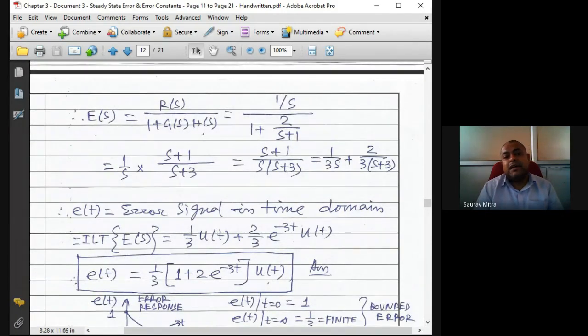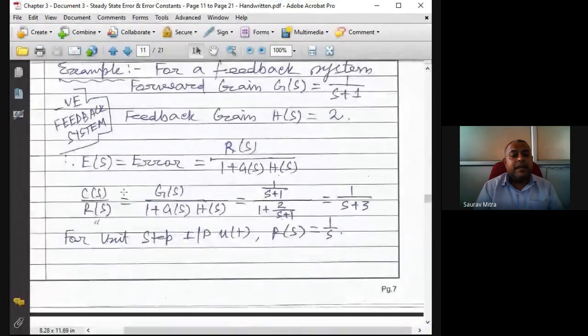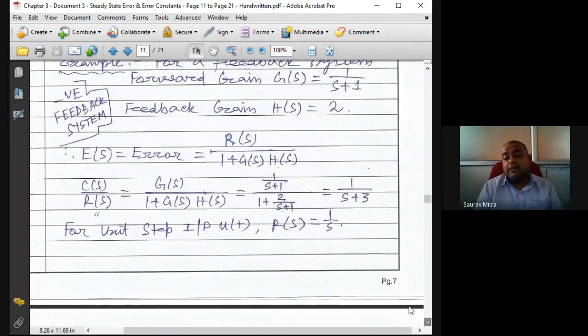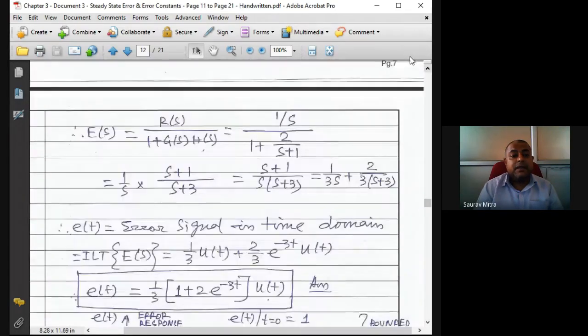C(s) by R(s) is given as G(s) by 1 plus G(s)H(s). So 1 by s plus 3 is the closed loop transfer function with negative feedback. But the E(s) formula is different. E(s) formula is R(s) divided by 1 plus G(s)H(s). Don't confuse, E(s) is different from C(s) by R(s).